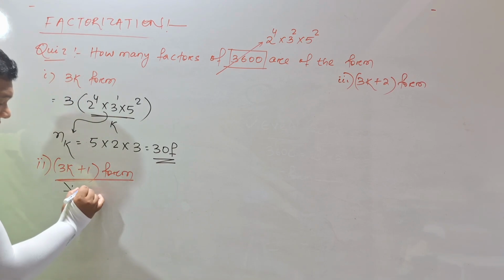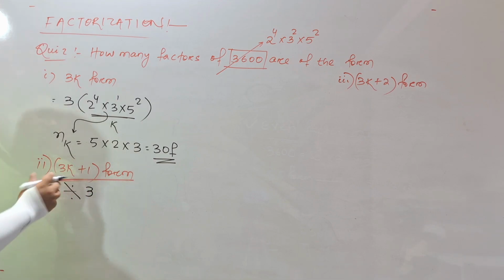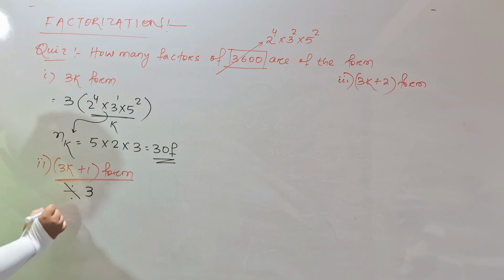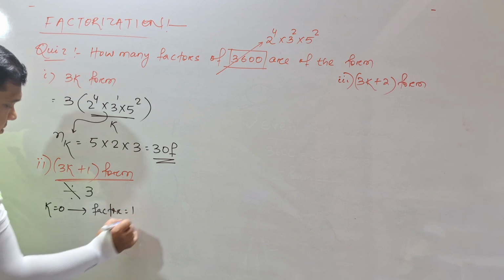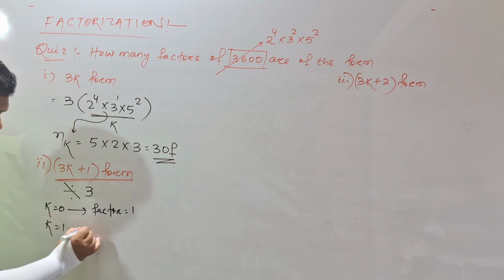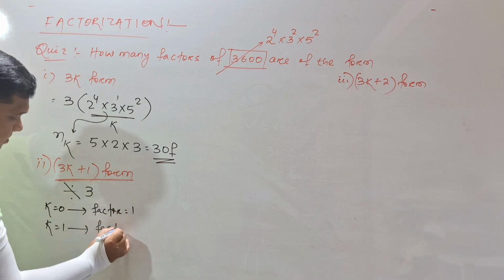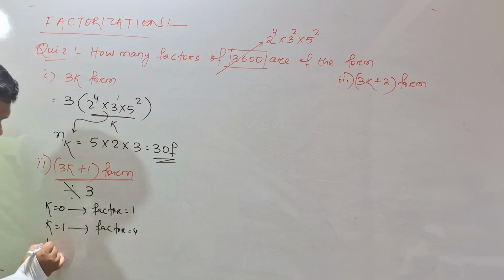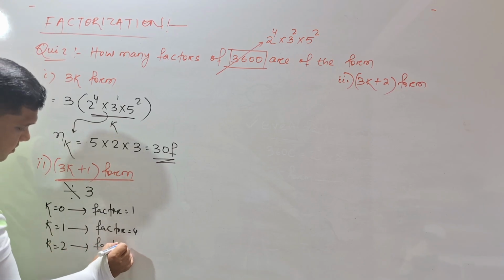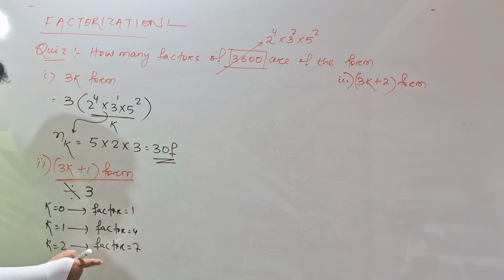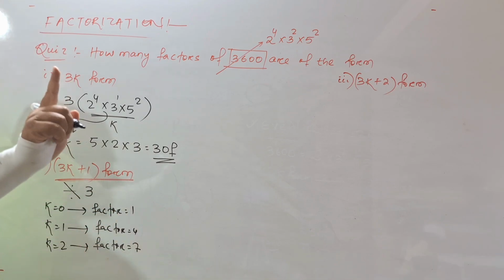Suppose I put k equal to 0, then the factor is 1. If I put k equal to 1, the factor is 4. If I put k equal to 2, the factor is 7. When these factors are divided by 3, the remainder obtained is 1.